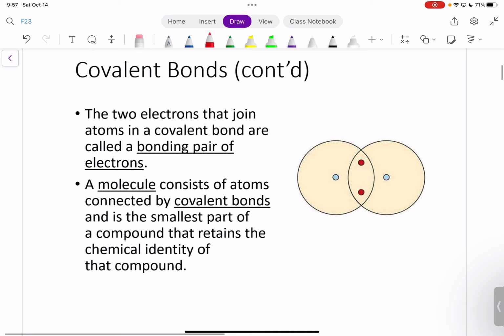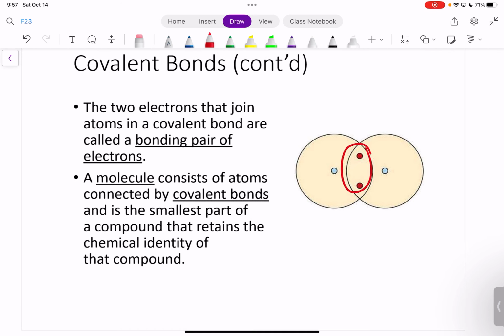So this is different, right? This is different than when we are losing or gaining electrons. Covalent bonds are sharing electrons. And when we share those electrons, those 2 electrons that join together in those atoms, that's called a covalent bond. And we would also call the electrons in that covalent bond, the ones that are participating in the bonding, the bonding pair of electrons, because there's 2 of them.